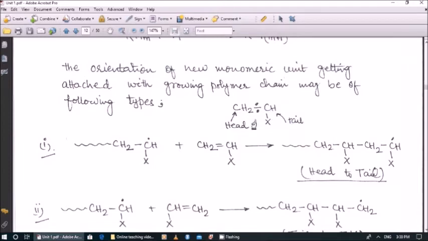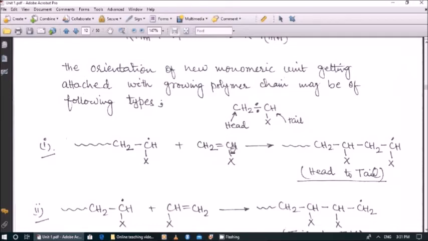So there are four possibilities of combining a new monomer to the growing polymer chain. See, these zigzag lines represent that a polymer chain is there and the last repeating unit is my CH2–CHX. So this is my growing polymer chain which is going to react with a fresh monomer.